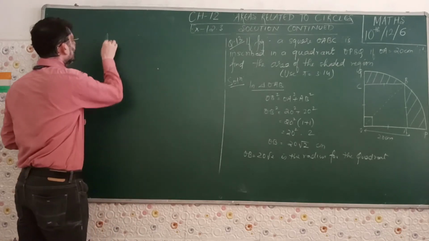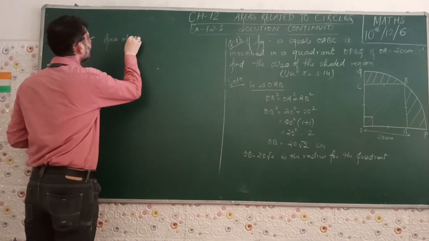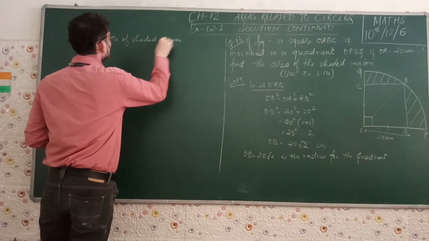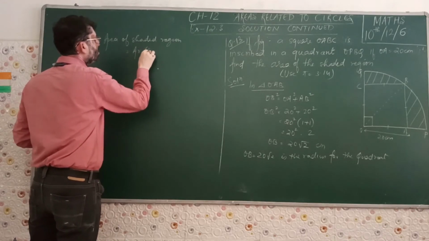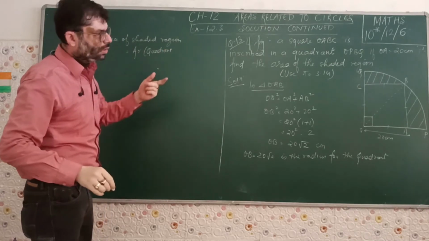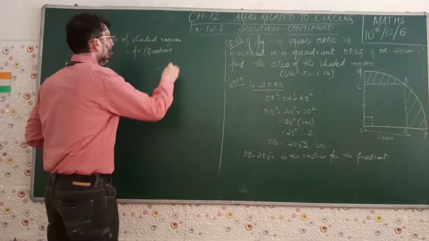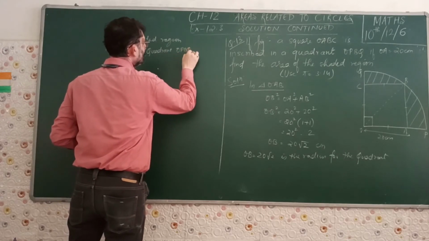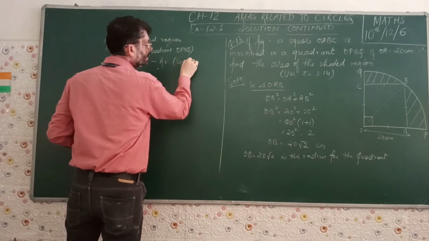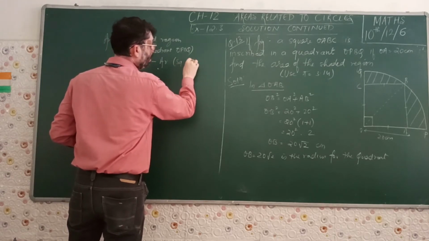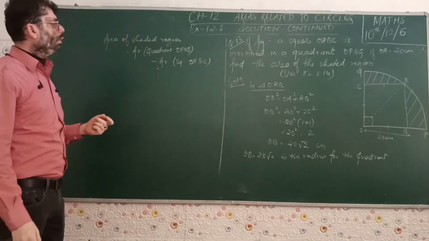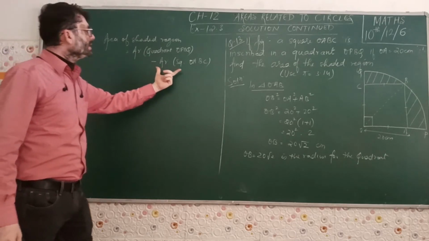And how will we find it? We'll write: area of shaded region is equal to area of the quadrant OPBQ minus area of the square OABC. This is the name of the square, OABC. So area of the quadrant minus area of the square.